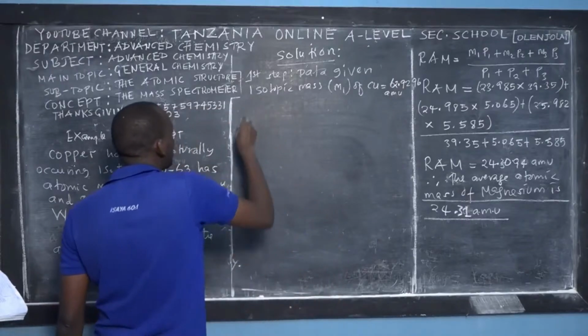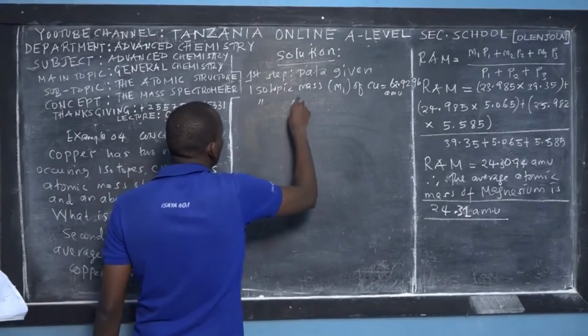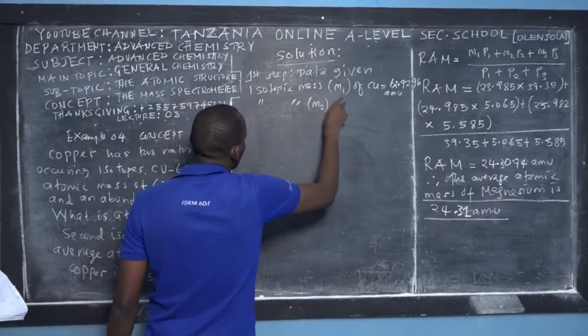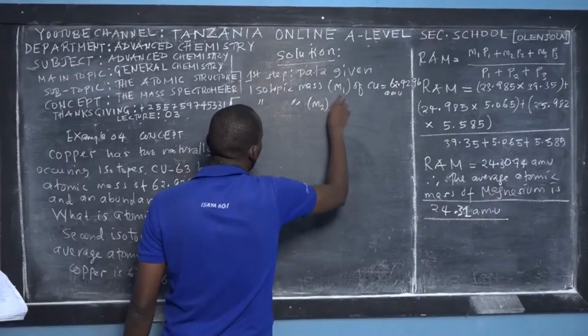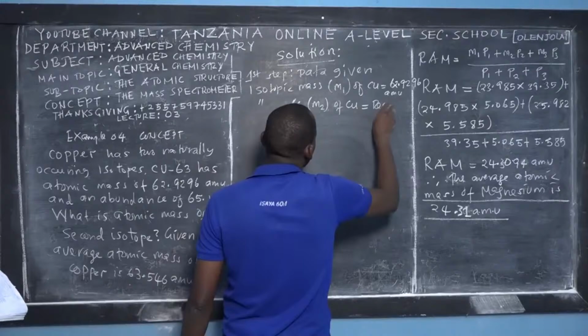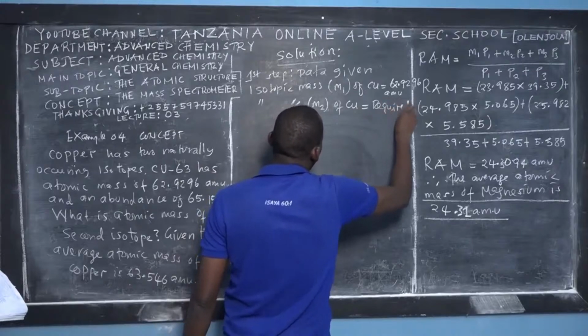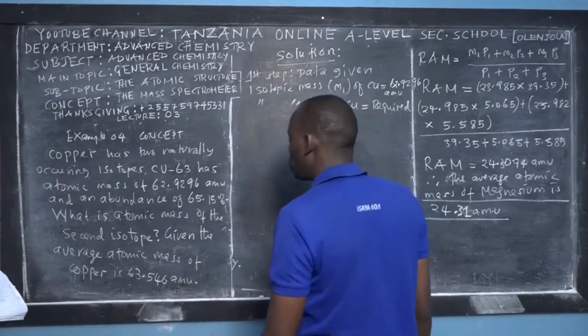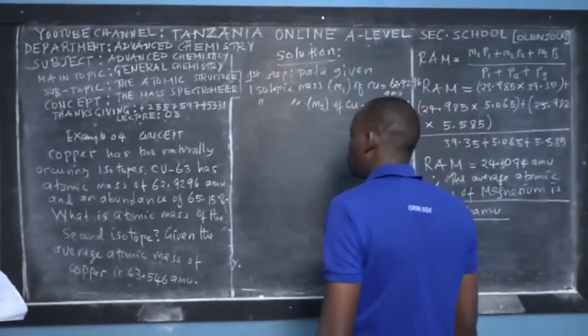Isotopic mass 2 of the second isotope of copper is what is required. So you see, today we have been asked for what used to be given in many previous questions.